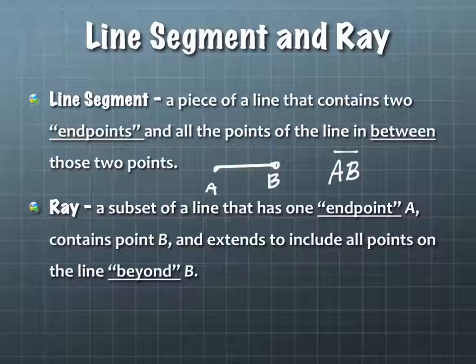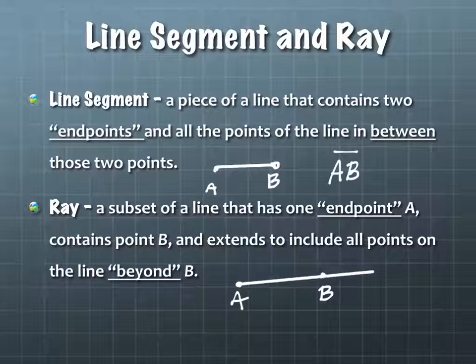A ray is a subset of a line that has one end point, for example A, and contains point B and then extends to include all points on the line beyond B. So if we have here's point A and here's point B, then a ray would look something like this, where we draw an arrow beyond that and it would go on indefinitely, forever. Okay?